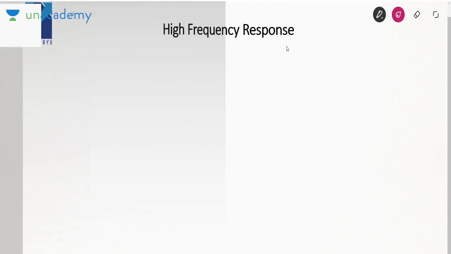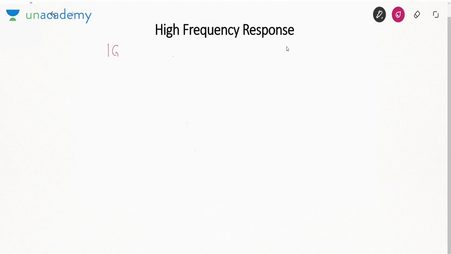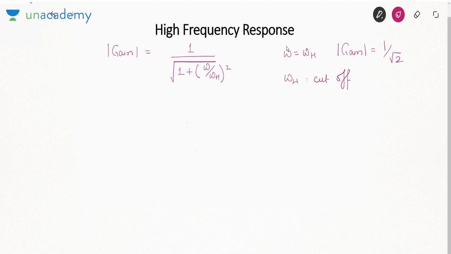So you can say that the magnitude of gain is 1 over under root 1 plus omega by omega h square. And then you say that at omega equal to omega h, magnitude of gain is 1 by root 2, that is maximum by root 2. So omega h is cutoff frequency.